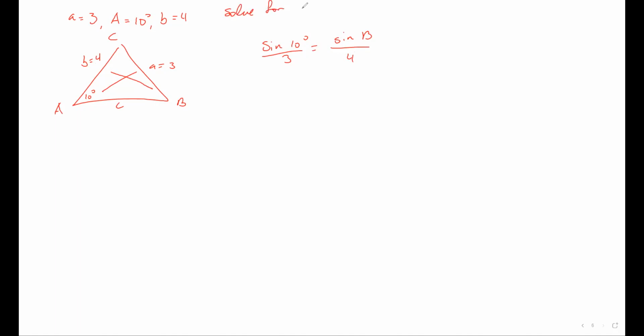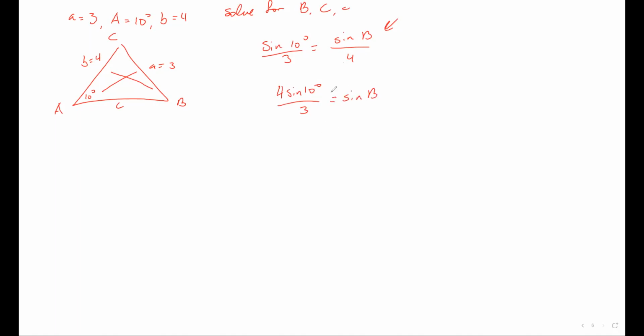I like to bookkeep, so I'll write B, C, and little c, just so I know what our actual goal is. So we're looking for capital B here. Okay, so just some more manipulation as we did earlier. So we have 4 sine of 10 degrees over 3 equals sine of B.